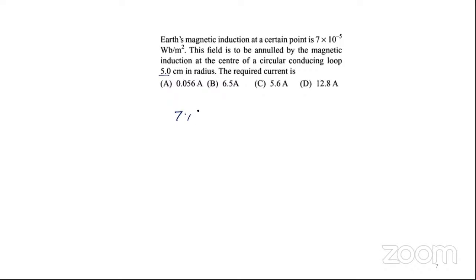We'll simply equate 7 into 10 to the power minus 5 to mu naught I by 2r. So I will be 7 into 10 to the power minus 5 into 2 into 5 into 10 to the power minus 2 upon mu naught.